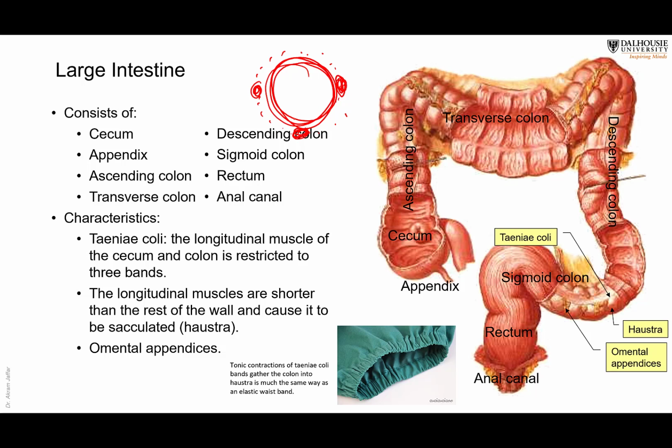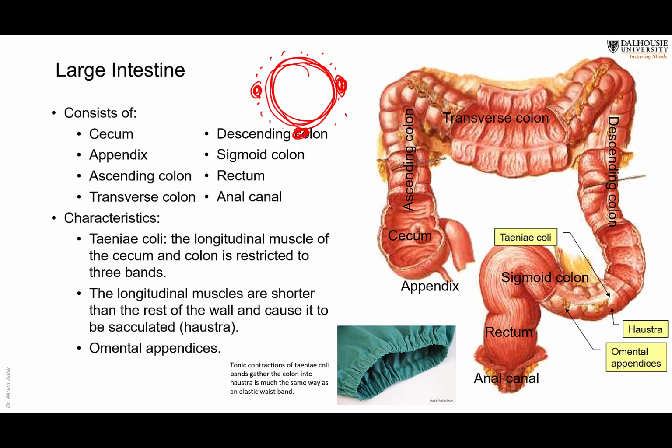And that's why, as you can see here, the wall of the large intestine will become sacculated. It's the same idea as the elastic waistband in shorts. The elastic waistband makes the upper part of the shorts crumpled like that. So you will have these sacculations, which are called haustra. So there are the taenia coli, you can see them by your naked eye, and you will see the haustra from the outside as well as from the inside if you are doing a colonoscopy.